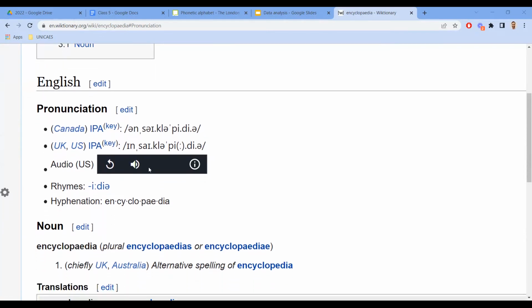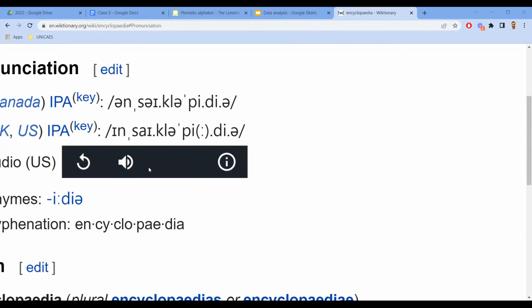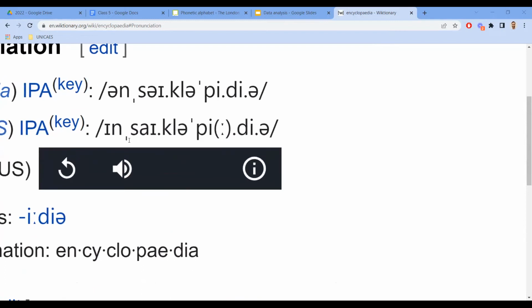So in this one, you can also see, if you focus on IPA, you may see these symbols too. First, you may see the differentiation between syllables with these dots over here. These dots are telling us that they are syllables.